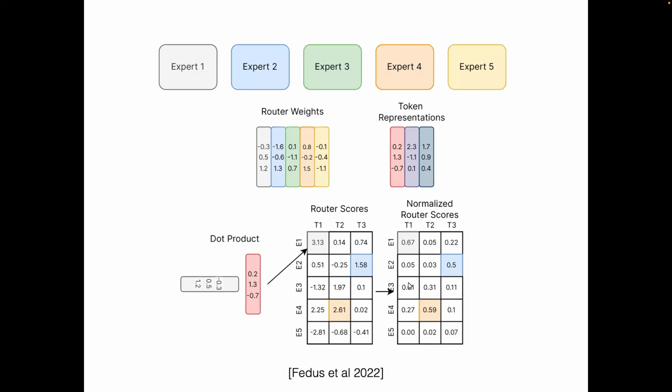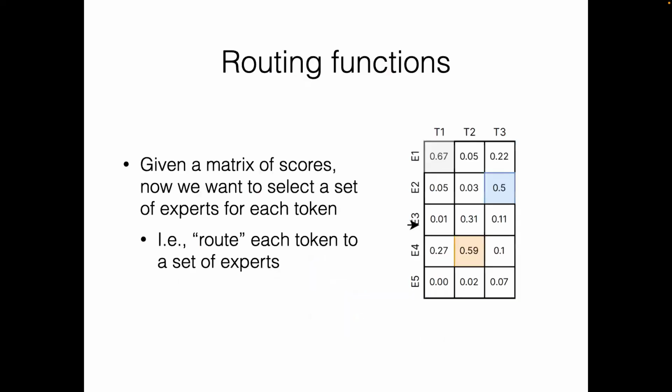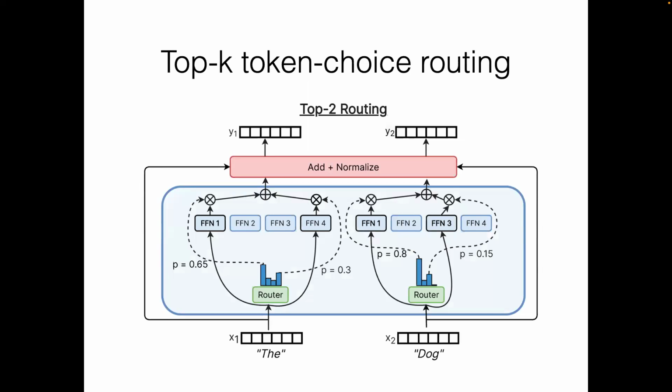But anyway, now we have these scores computed, and we could decide how to select the experts for each token. And again, here the idea is going to be to take the top K. So really simple idea. For instance, here we have top 2, and we're going to have this router. Remember, you do the dot products, you take the softmax.